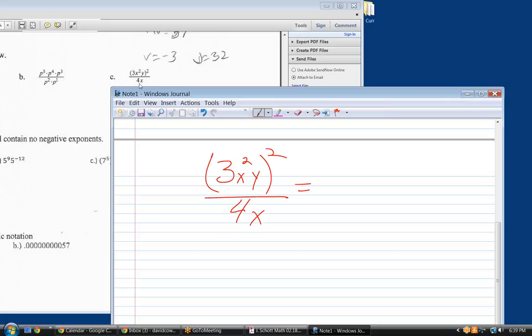In other words, the fact that all of this is inside the parentheses and the whole thing is being squared, I have to apply this 2 to every term in there. I have to square it. So to get rid of the parentheses, I'm going to leave the 4x on the bottom for the moment, but let's figure out the new numerator.